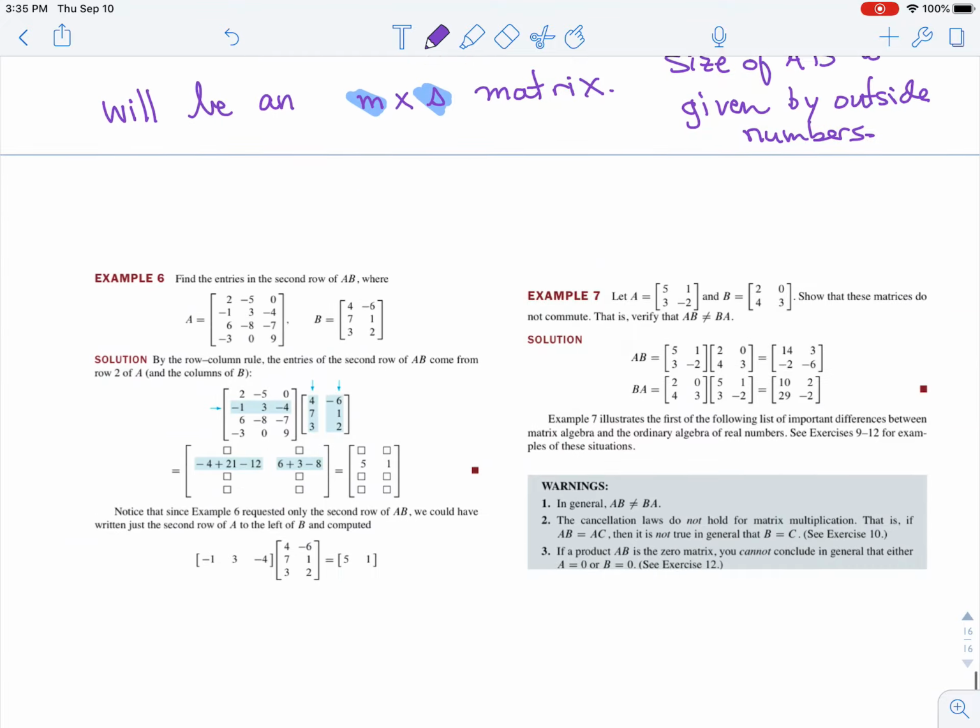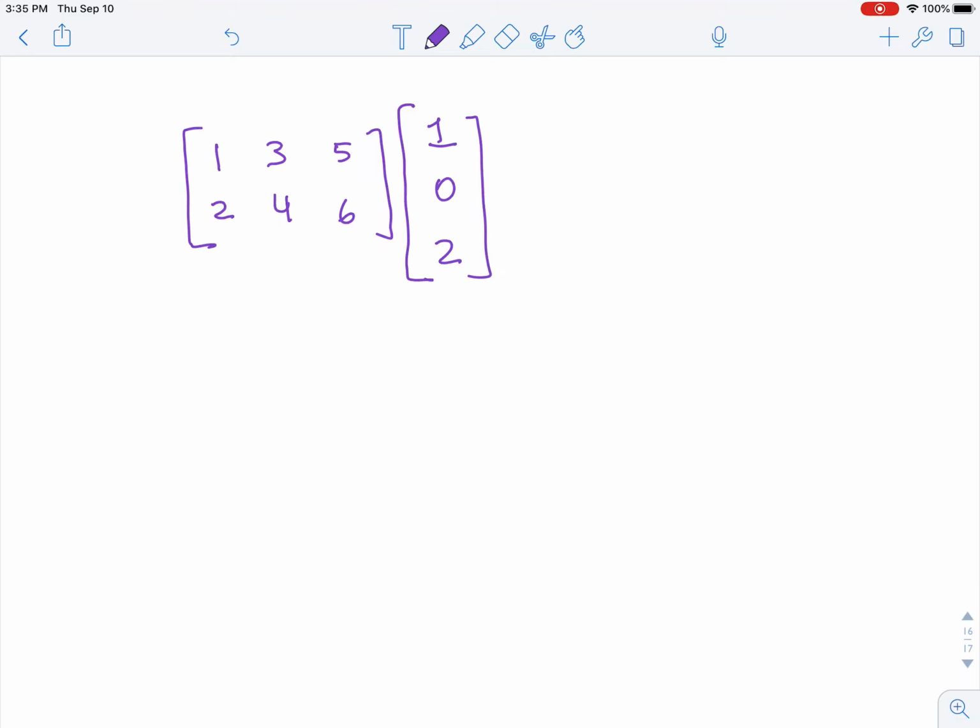Okay? So I'll tell you what, let's just do an explicit example of one you know how to do. So let's try a matrix like 1, 2, 3, 4, 5, 6 times, let's make smaller numbers, 1, 0, 2. Okay? This is a product that we've done before.